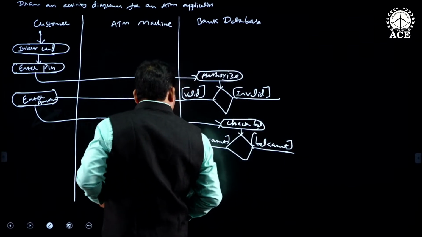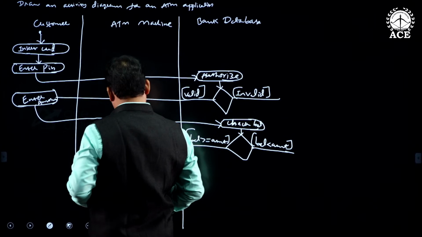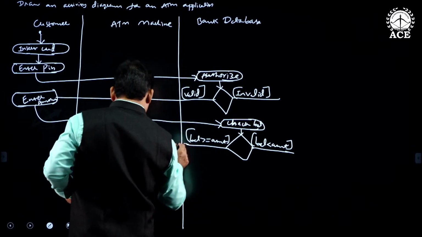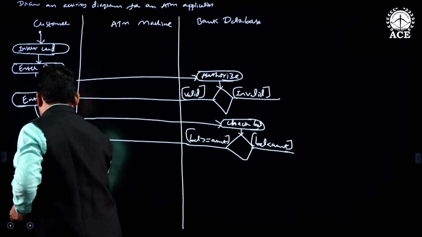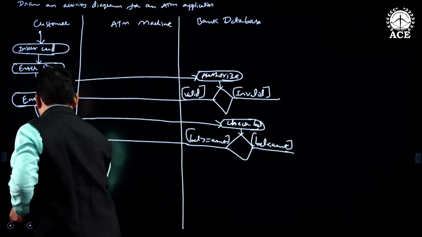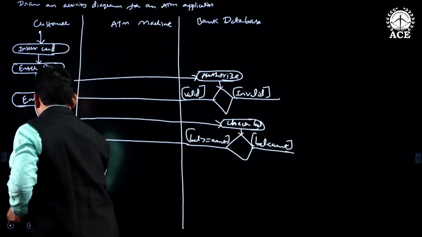If the balance is greater than or equal to the amount, a fork takes place here. What is meant by fork? One incoming transition gets divided into two outgoing transitions.